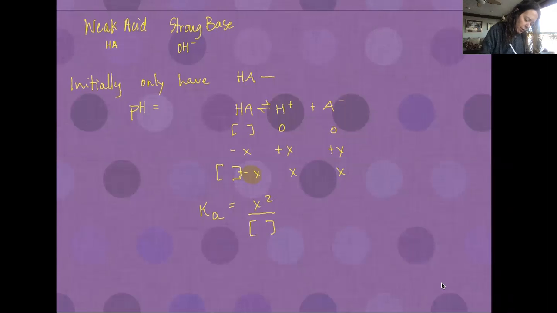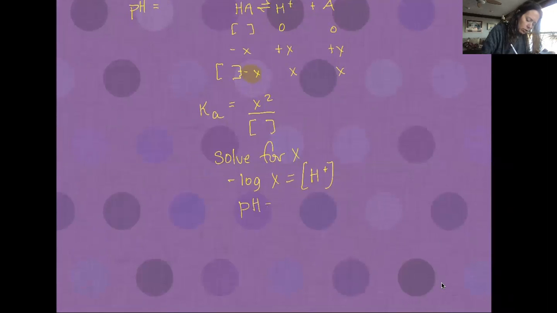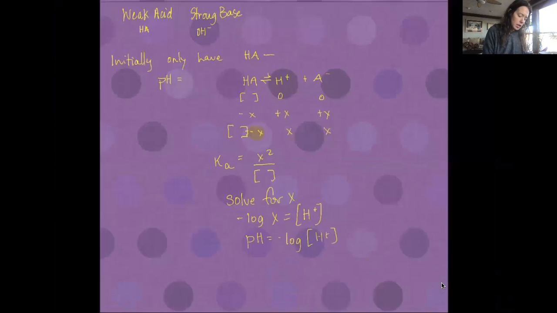We would solve for X. Negative log X equals H plus, pH equals negative log H plus. Okay, that's what we would do initially.